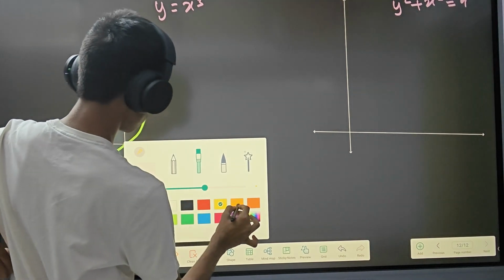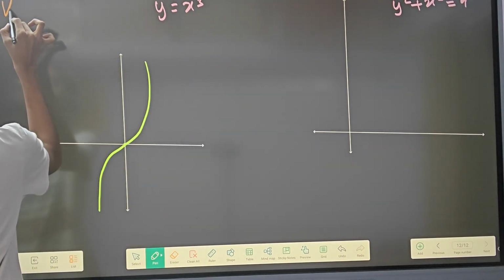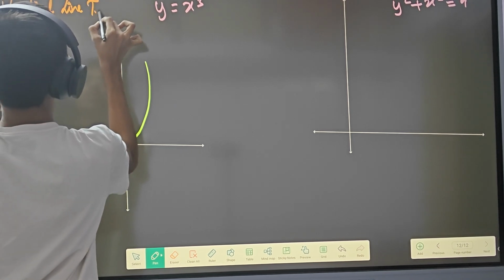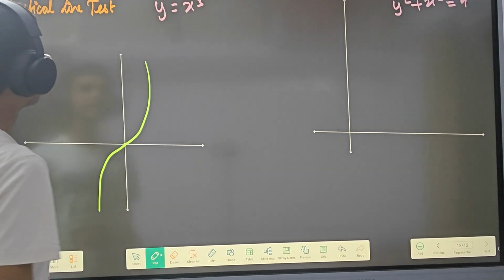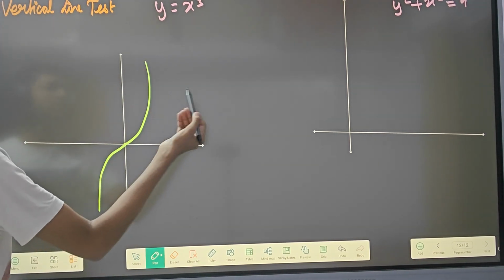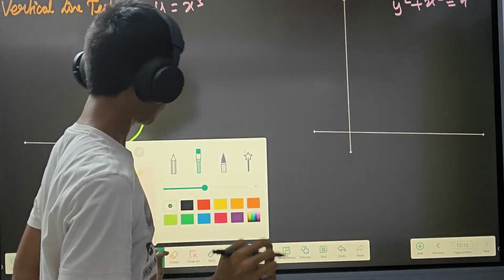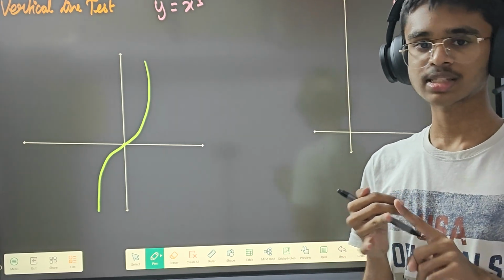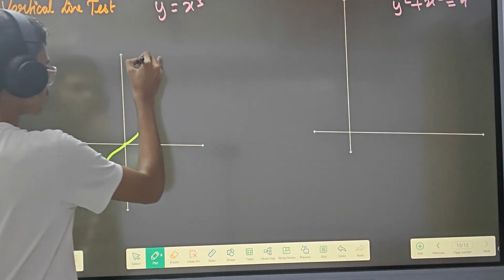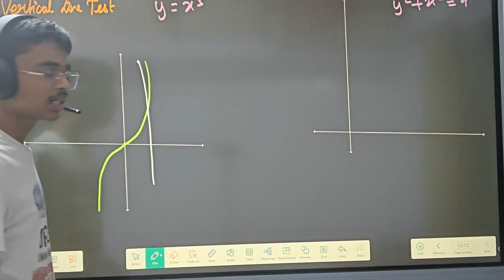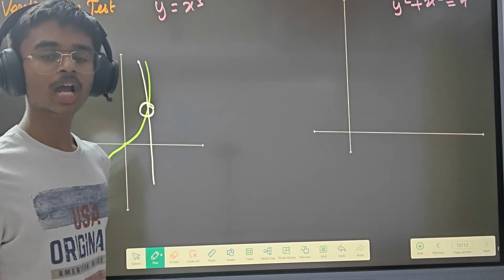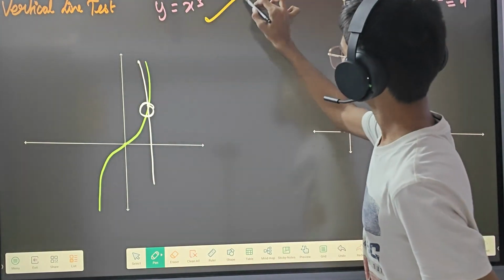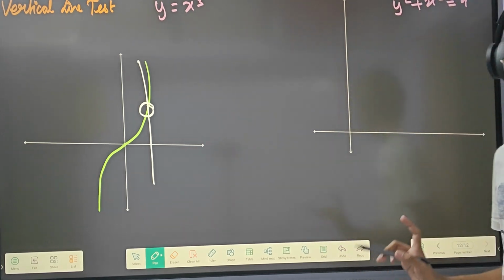Why the vertical line test, and what is it? First we will see what the vertical line test is, then why. You draw one vertical line, and if that vertical line intersects only one point of that graph, then we say it is a function. So your graph has passed as a function.